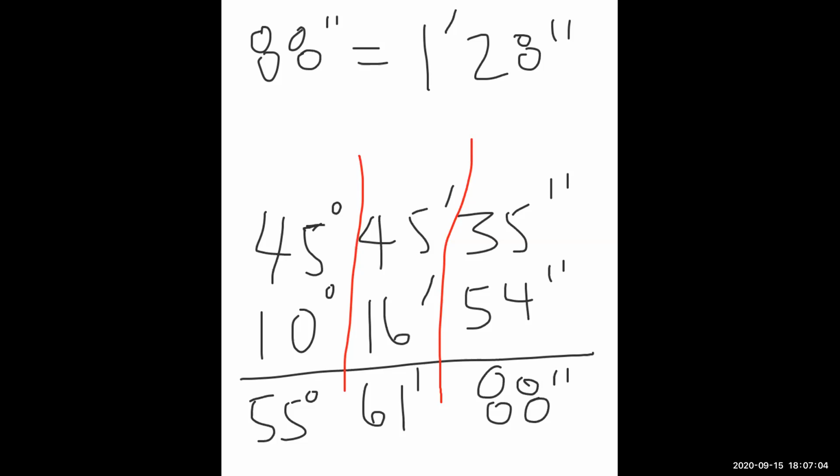So 88 minus 60 is 28. This notation is the same as 88 seconds. Essentially we would have a 0 there.